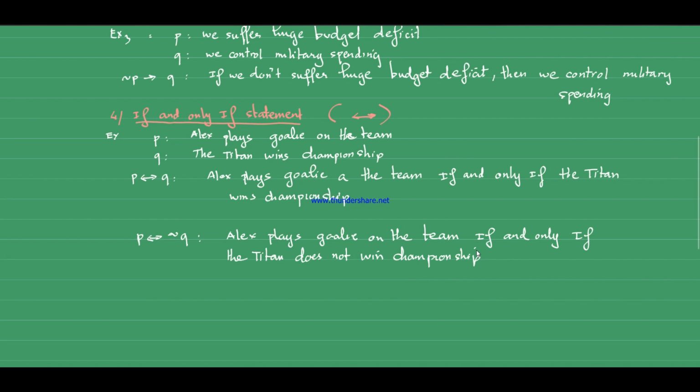So you see that we can put the negation on each statement as long as it makes sense. Of course, in some cases you cannot, but usually given two simple statements, most of the time it ends up as a very logical compound statement.